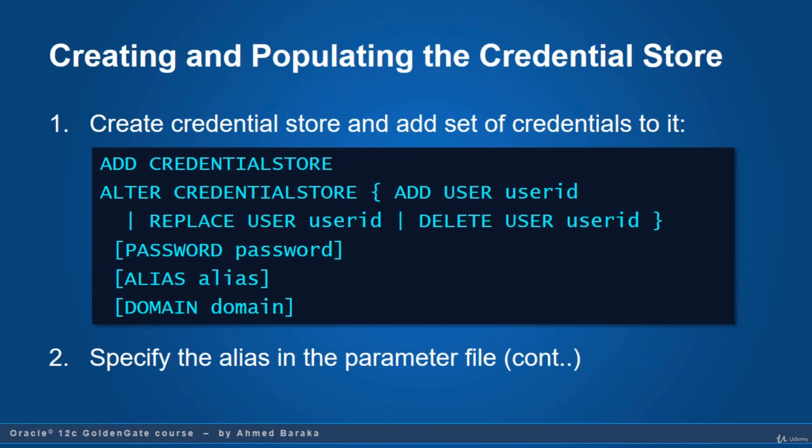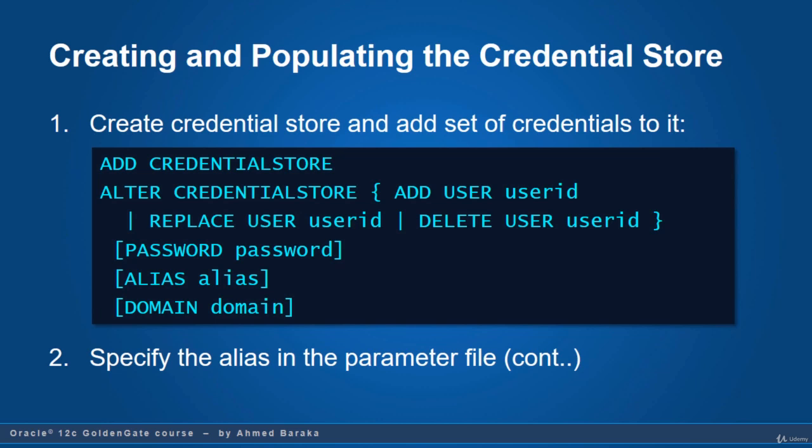To create a credential store to save the passwords, use the command ADD CREDENTIALSTORE. The credential store saves the user IDs and their encrypted passwords that are used by Oracle GoldenGate processes to interact with the databases. ALTER CREDENTIALSTORE ADD USER adds a username and password to the credential store wallet.